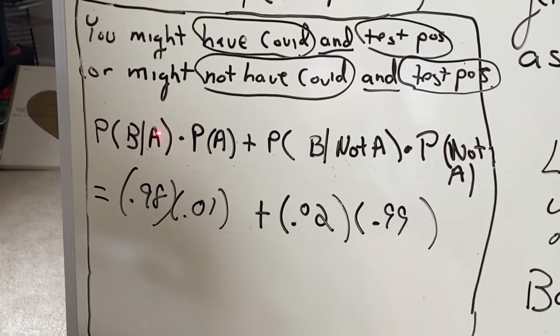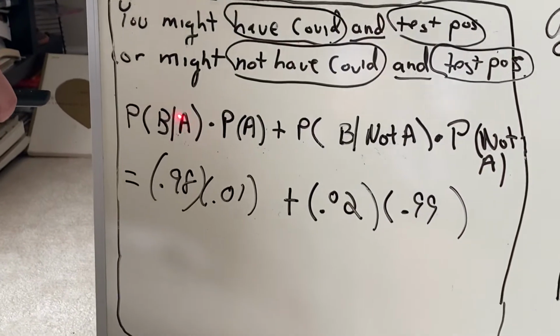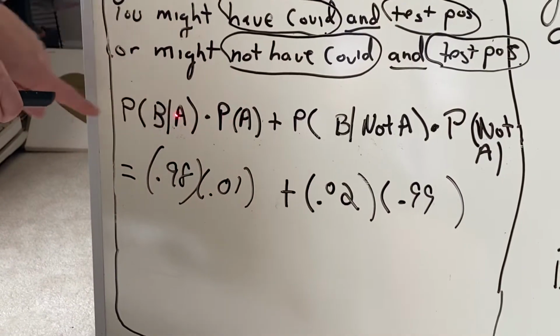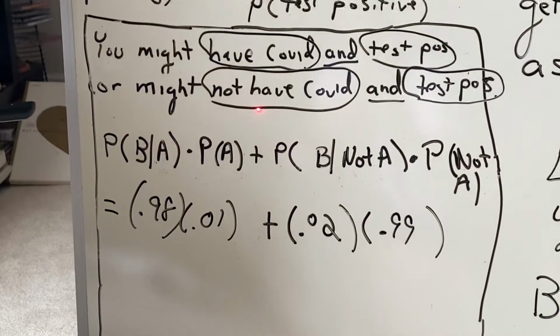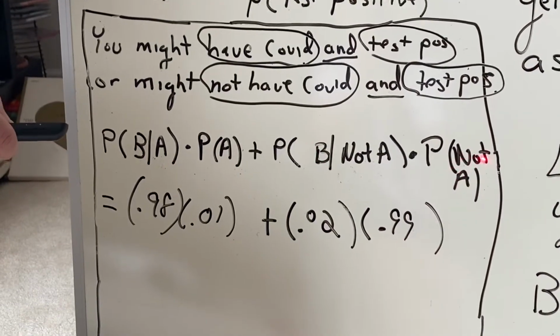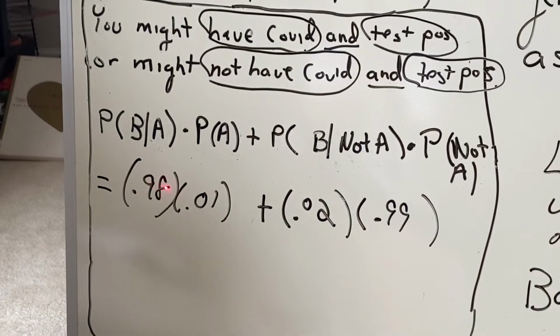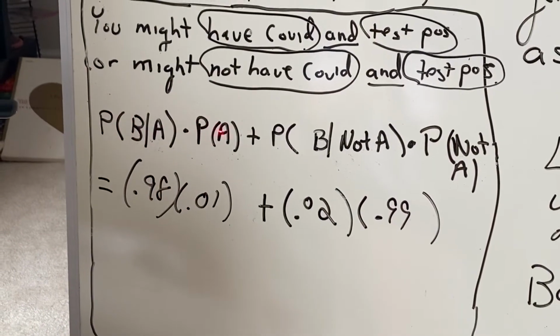You can always ask a question in the comment. But basically, we're going to keep this simple. Having COVID and testing positive is multiplying B times A, and that's what this does here. Not having COVID and testing positive is multiplying B, which is testing positive, times not A, which is not having COVID. 4 parts.